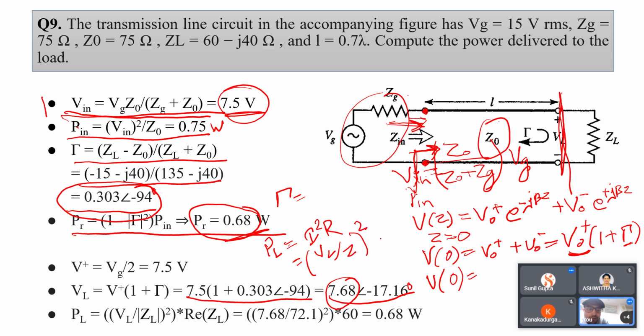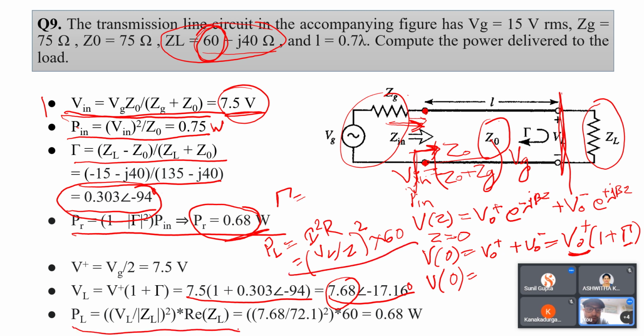The load impedance is given here, which is a complex number, and the power is delivered to the load only because of the real part of this impedance, which is 60 here. So by using this relation, you can find the load power, which remains the same as 0.68 watt.